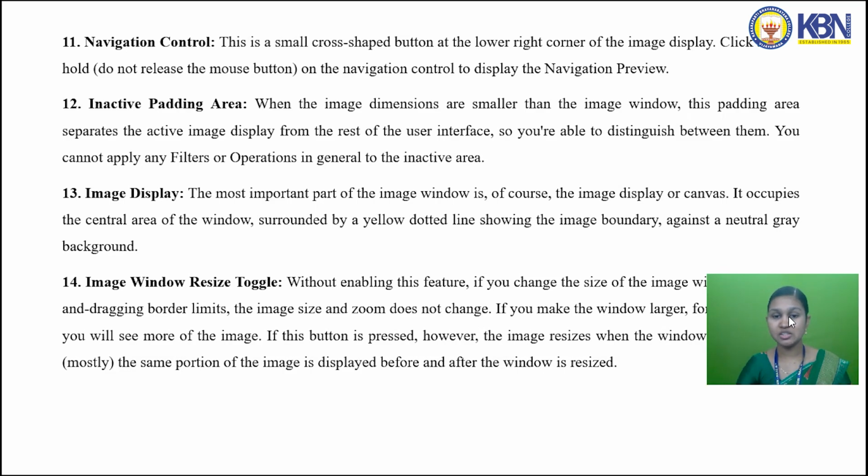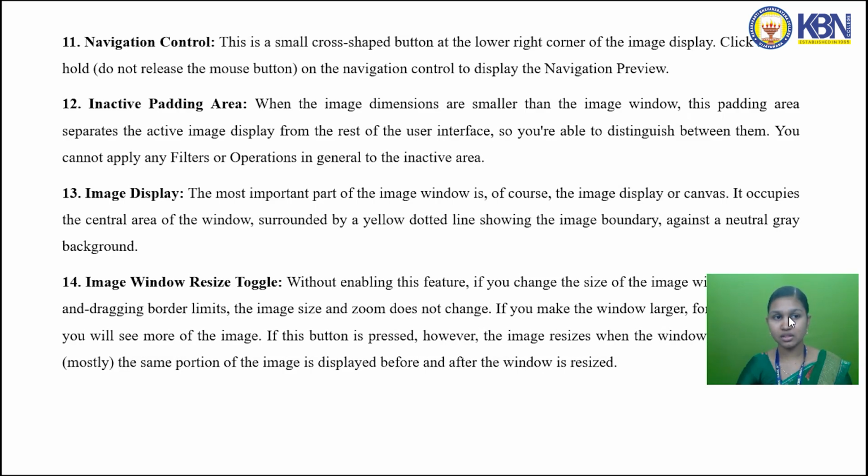When the button is pressed and the window is resized, the same portion of the image is displayed as before the window was resized. You can resize the image but only to a particular limit, like only 50 percent. Otherwise, if you keep resizing, the image quality will decrease. The pixel resolution will be increased and the image quality looks very bad.